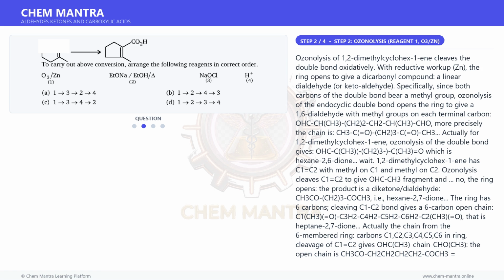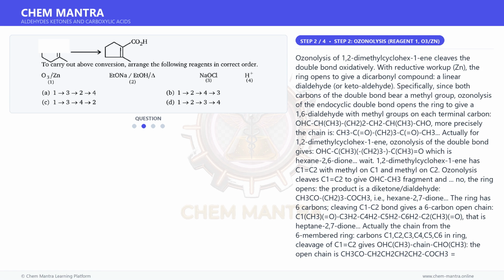No, the ring opens, the product is a diketone, CH3-CO-CH2-CH2-CH2-CH2-CO-CH3. The ring has 6 carbons, and cleaving the C1-C2 bond gives a 6-carbon open chain, with C1 bearing CH3 and C=O, then C3H2, C4H2, C5H2, C6H2, and C2 bearing CH3 and C=O.